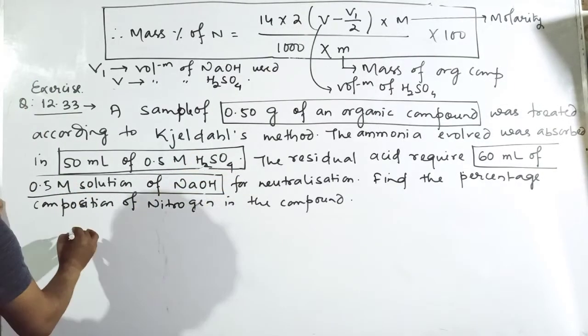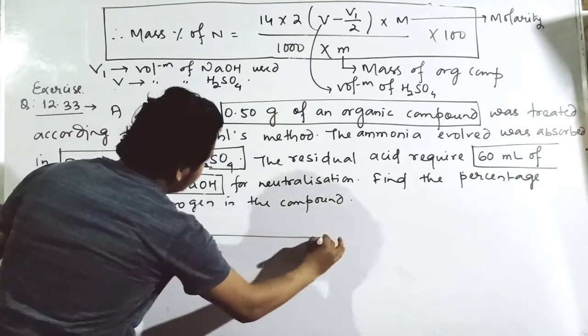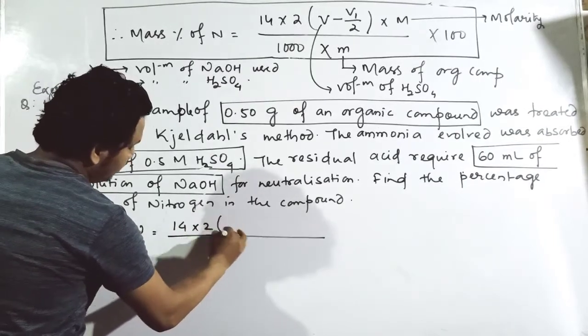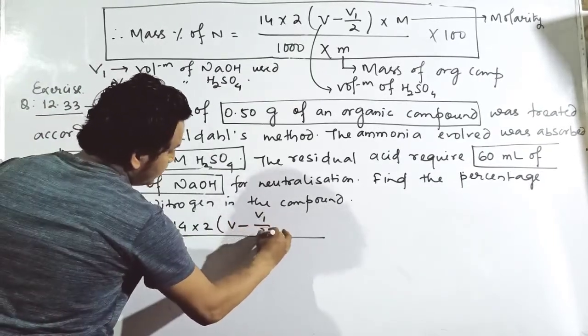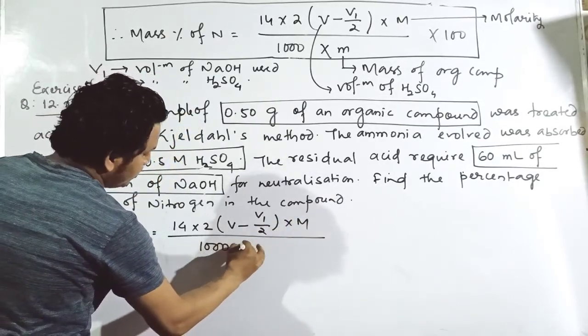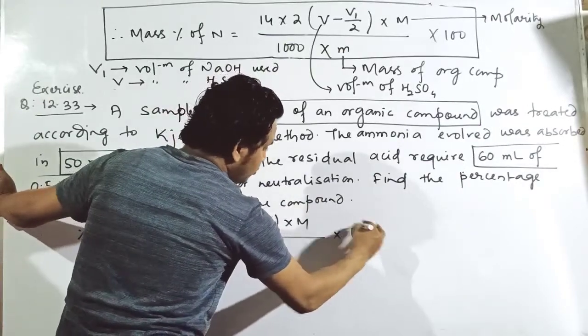So the percentage of nitrogen. What is the formula? 14 into 2 into V minus V1 by 2 into M divided by 1000 into mass of organic compound into 100.